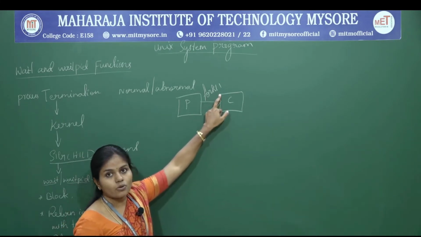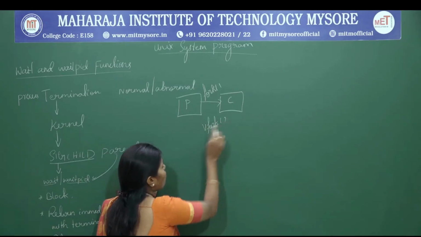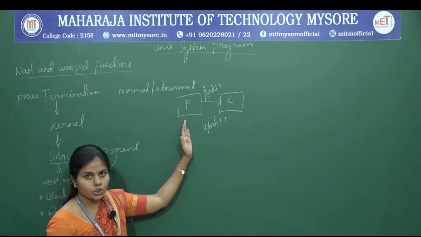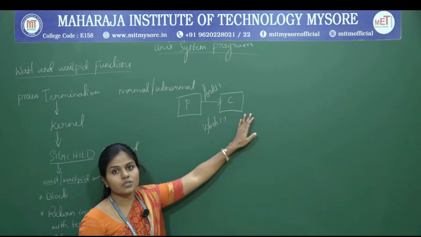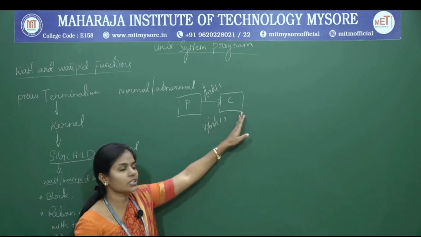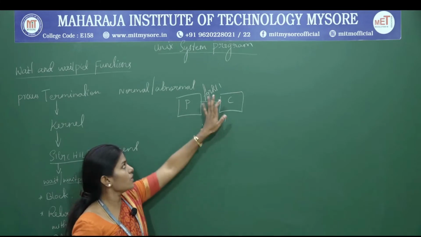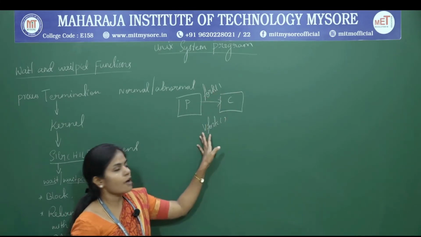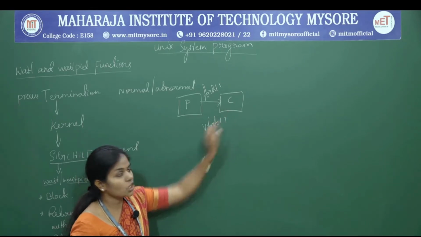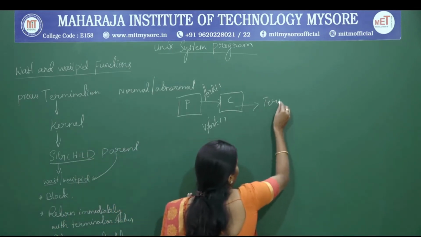In the second case, when the child is created using vfork, the parent stops its execution and transfers the control to the child. The parent waits until the child is terminated. So those are the two cases that happen when we use the fork or vfork command respectively. Now the child is going to terminate.